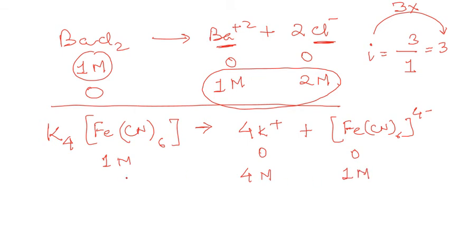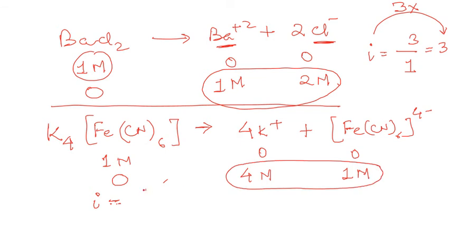We have also assumed complete dissociation. Now the number of particles after dissociation is 5 and before dissociation it is 1, so it is 5 over 1.